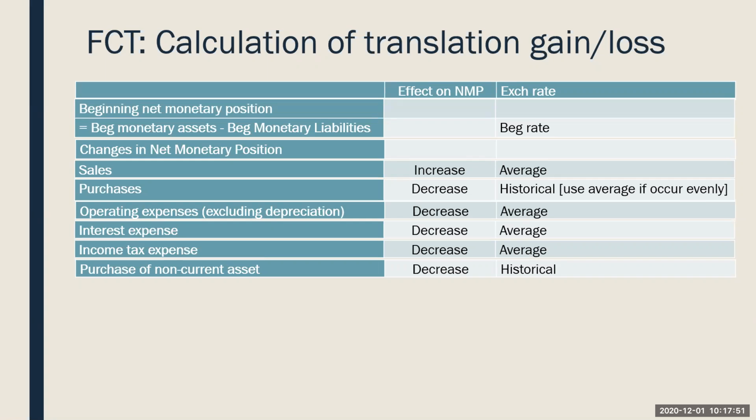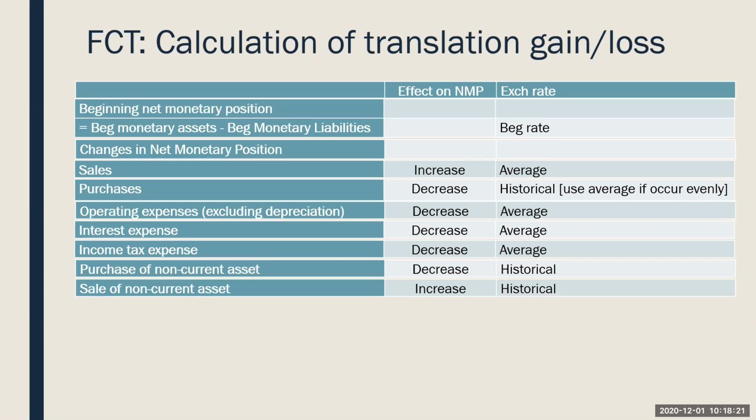But in most cases, purchases of assets have to be paid for either with cash or you incur some kind of liability that will be settled later by payment of cash. So in most cases, purchases of non-current assets will decrease net monetary position. We must use the historical rate for the date on which the asset was purchased.